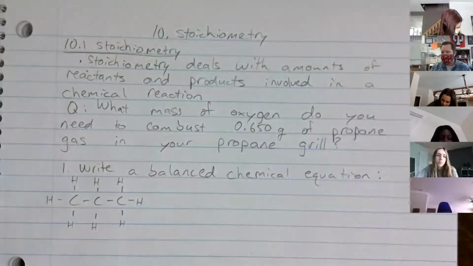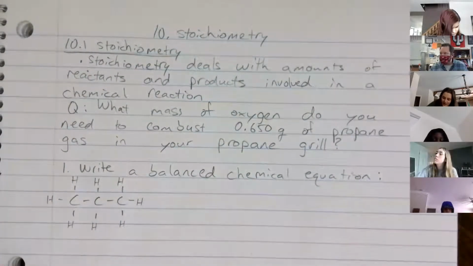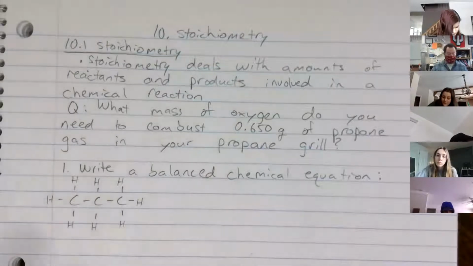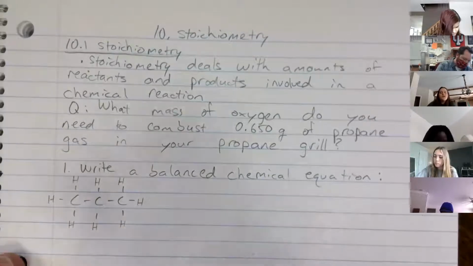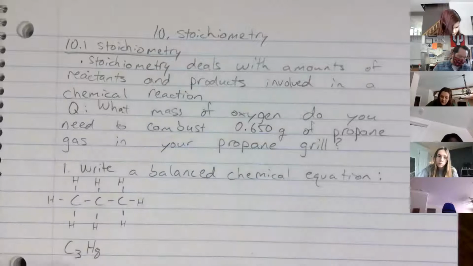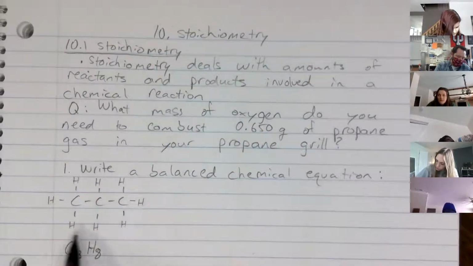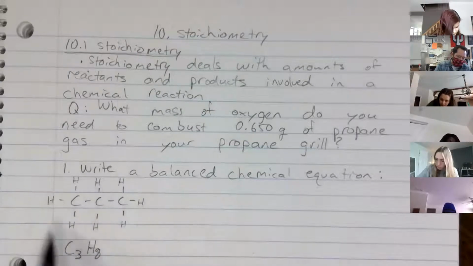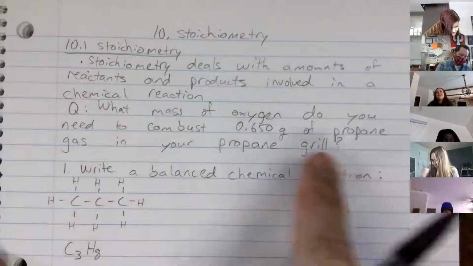Again, I know some of you guys might have shortcut ways to do that. Fantastic. Good for you. That for me is the easiest way. Yeah, it takes up a little bit of room, takes up a little bit of time. But now I know the chemical formula for propane. C3H8. 3 carbons. 1, 2, 3, 4, 5, 6, 7, 8 hydrogens. There's my propane. It told me it's a gas.